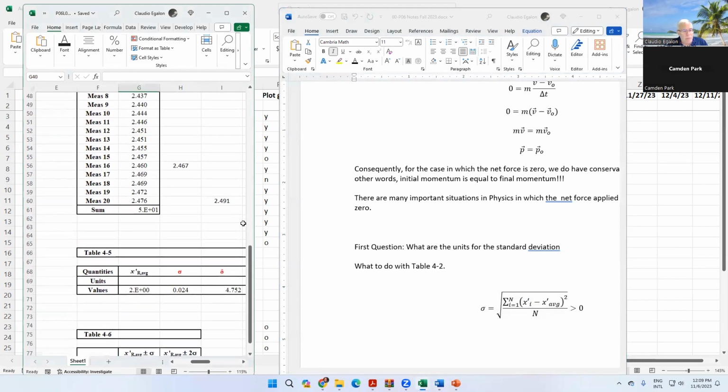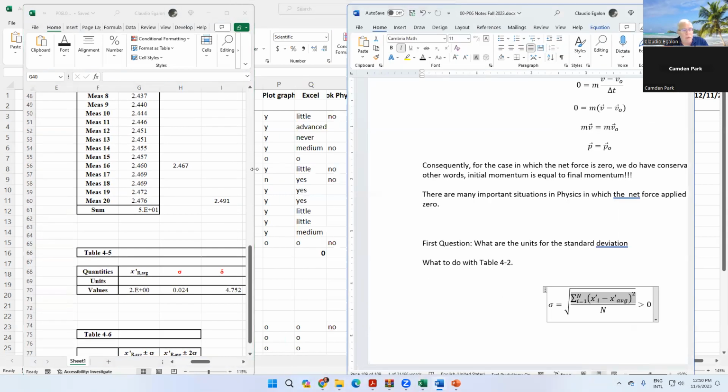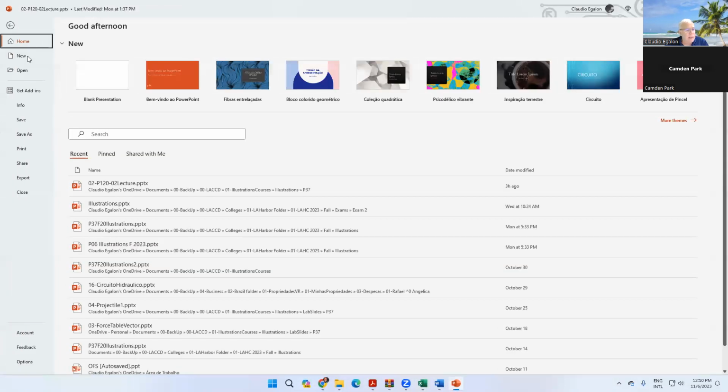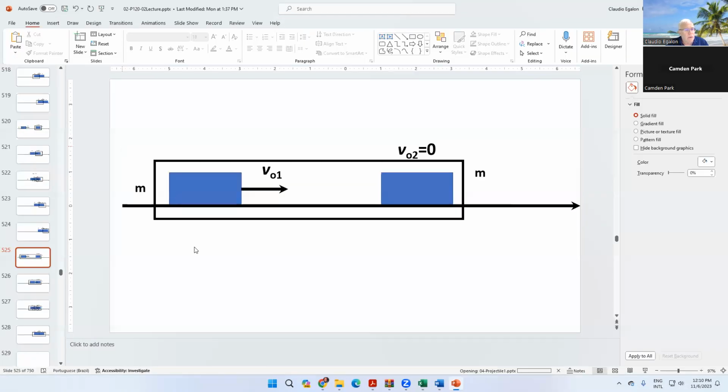So the range should be just meter as well, right? Yeah, the range is just meter. It's the distance from the point of launch to the point of impact on the floor. Okay, so we had that projectile, right? Here you go, projectile. This one here.